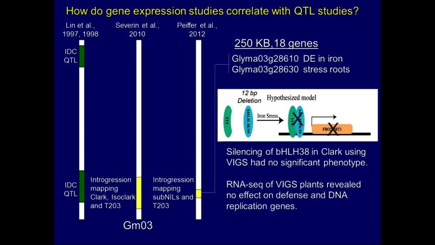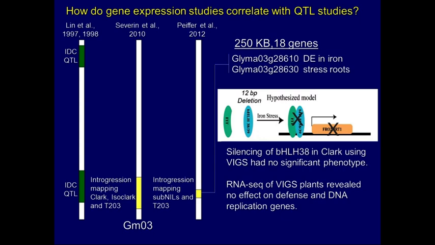We've actually tried to silence these genes using multiple constructs on multiple occasions, and we never see a phenotype in Clark. You would expect that if we had silenced these genes, we should affect iron uptake, and we don't see a response. When we did RNA-seq of the plants, it confirmed that the silencing worked, that the targeted genes downstream of those were being silenced, but it suggests that these basic helix-loop-helix transcription factors were not the only causal gene.